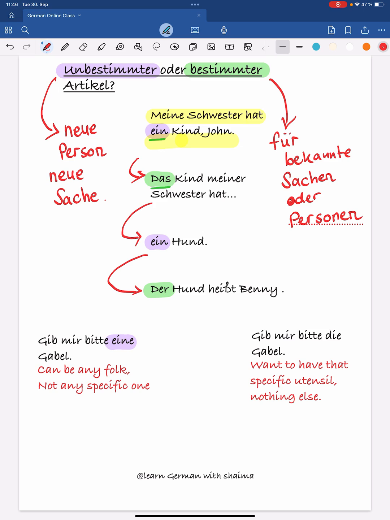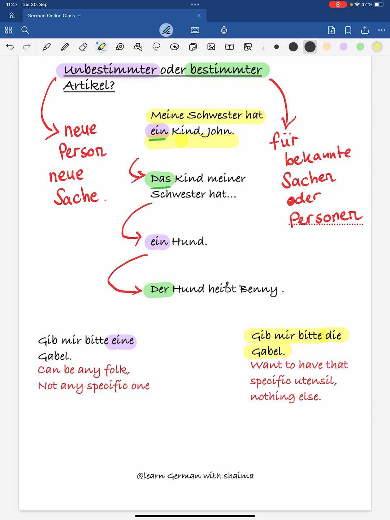Another difference is that if you want any specific thing, then you always use the bestimmter Artikel. So: Gib mir bitte die Gabel. In this sentence, you want that specific fork and not any other fork.